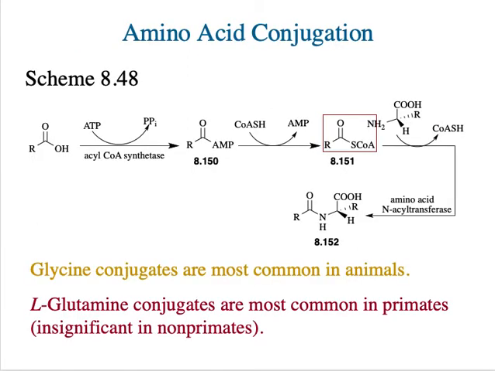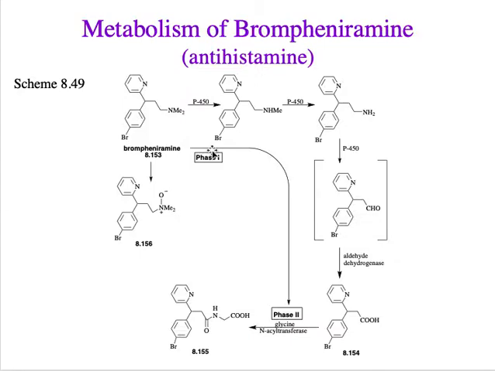So next is amino acid conjugation. There are a couple of different enzymes. Mostly it's glycine, but in primates it's glutamine. Here's an example of this.